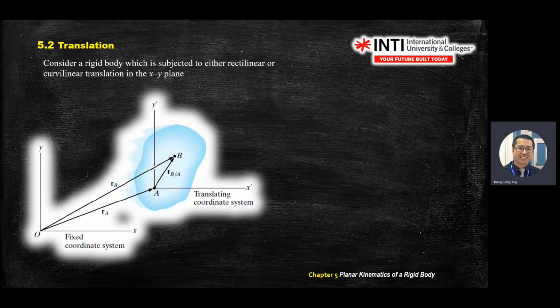When you look at a rigid body, you have a fixed or primary plane, x and y, where you observe from, and for the moving body we use x prime and y prime.